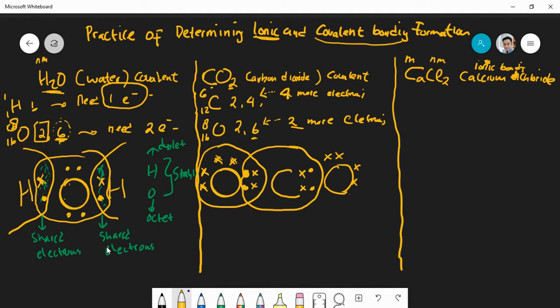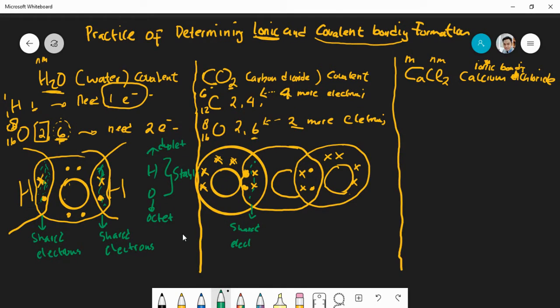Now the number of electrons shared will be shown here. So this is the shared electron, and this is also a shared electron.